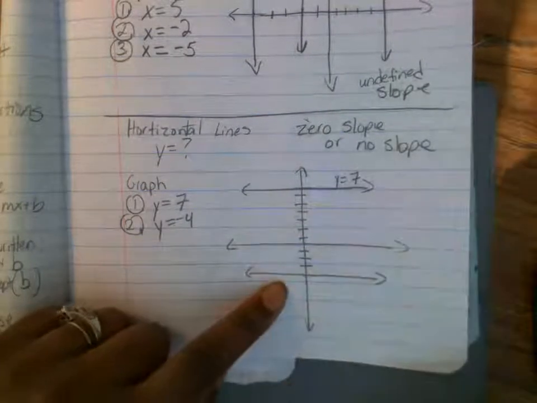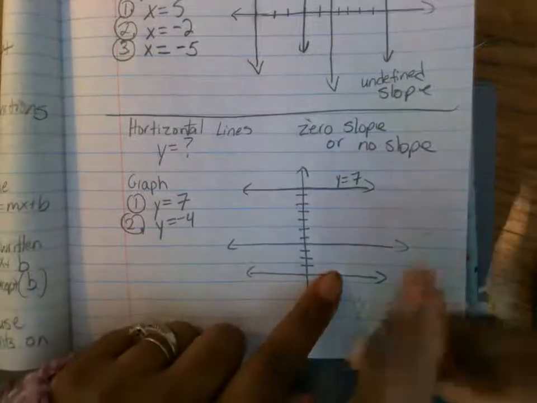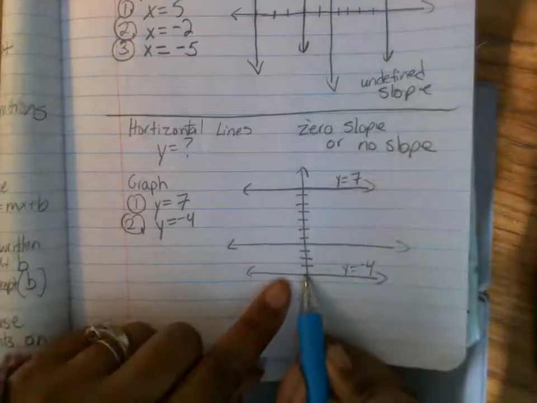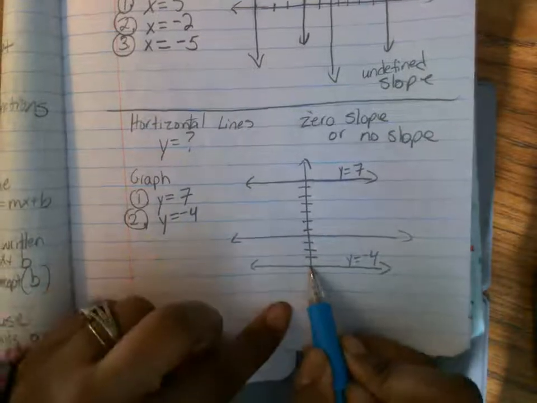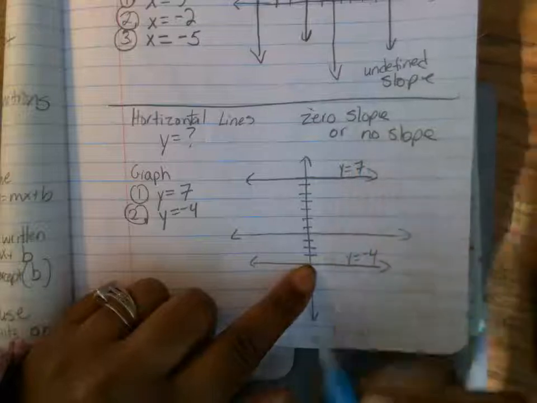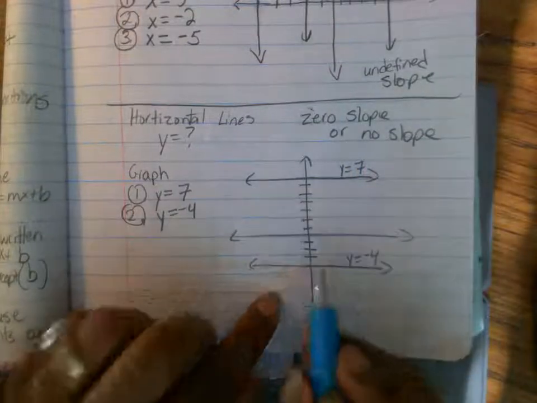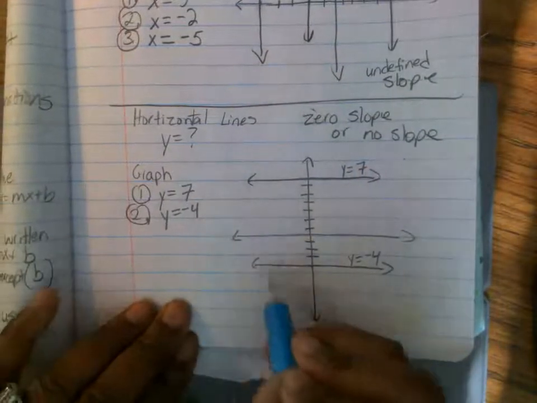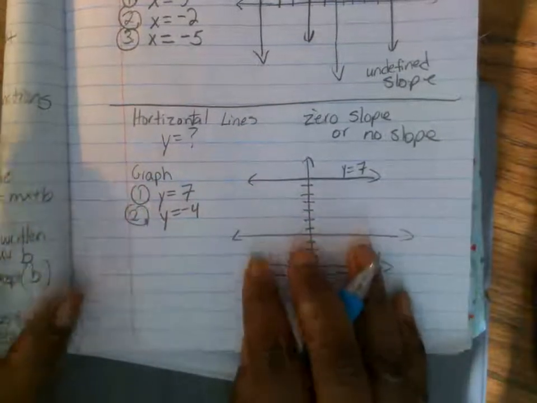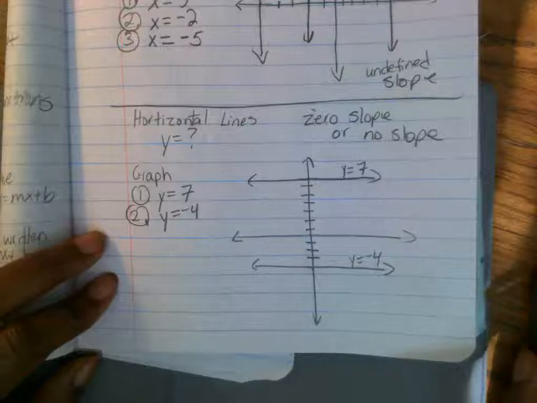Extend your line and put arrows at the end. The equation for this line is y is equal to negative 4 because it goes through negative 4 on the y-axis. This line has 0 slope or no slope. That means m is equal to 0. You don't see an x term here, so there's no slope here. Questions about that?